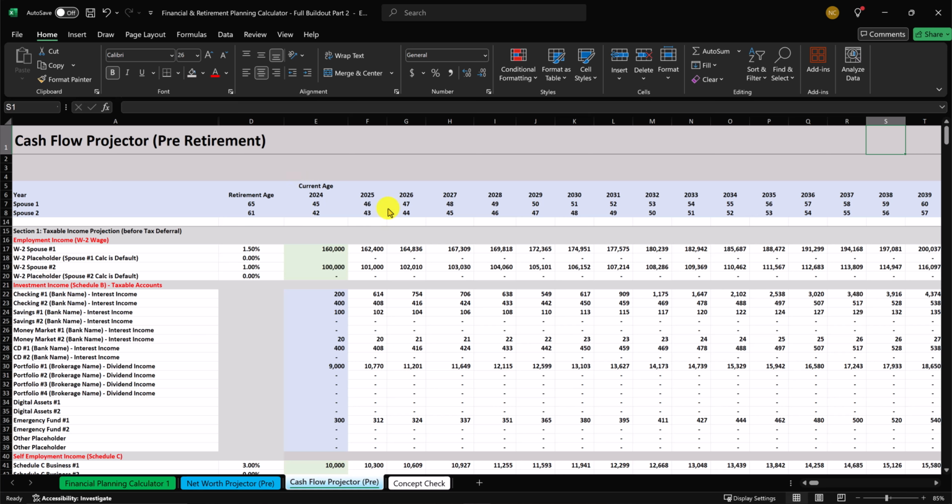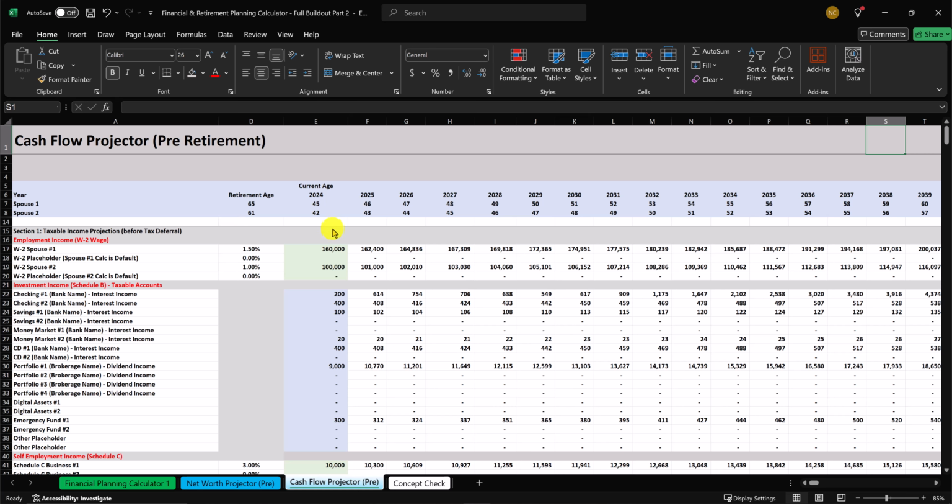And then after we work on 2025 and 2025 is complete, we won't need that year anymore. In fact, what we want to see is that the number of years being calculated out to the year of retirement will decrease by one, by one, by one, all the way to the point where the current age of the individuals within the calculator is equivalent to the retirement age of the individuals within the calculator.